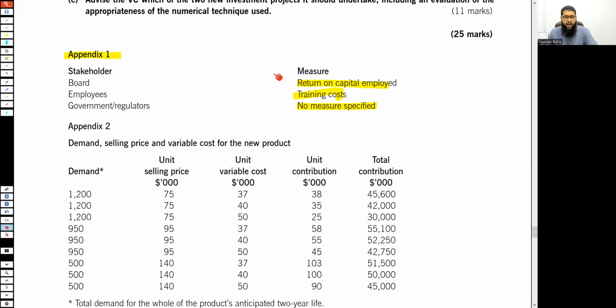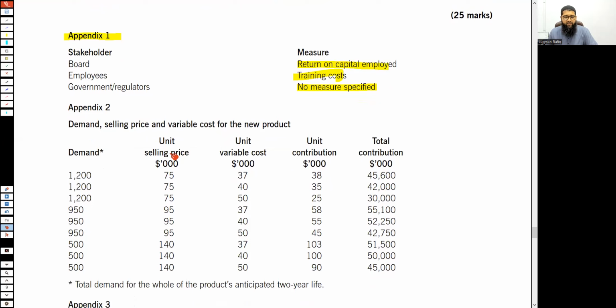Now, I would give you 4 or 5 minutes to try to convert this table into a matrix, so that we could apply maximax, maximin, minimax regret to that specific matrix. Can you do that, please?